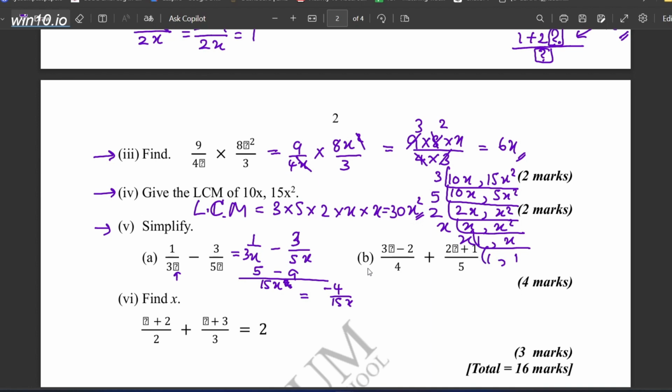After that, the b part is there. So question mark is equal to x. 3x minus 2 over 4 plus 2x plus 1 over 5. Then we can find a common denominator, that would be 20. So I have to multiply this by 5 and multiply this by 4.